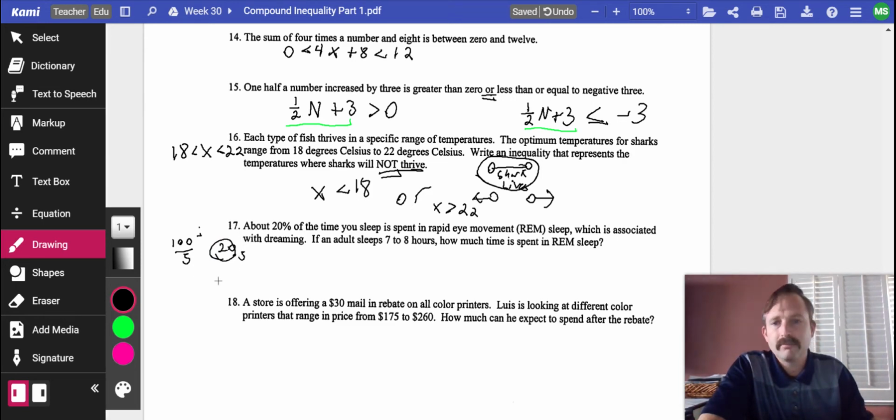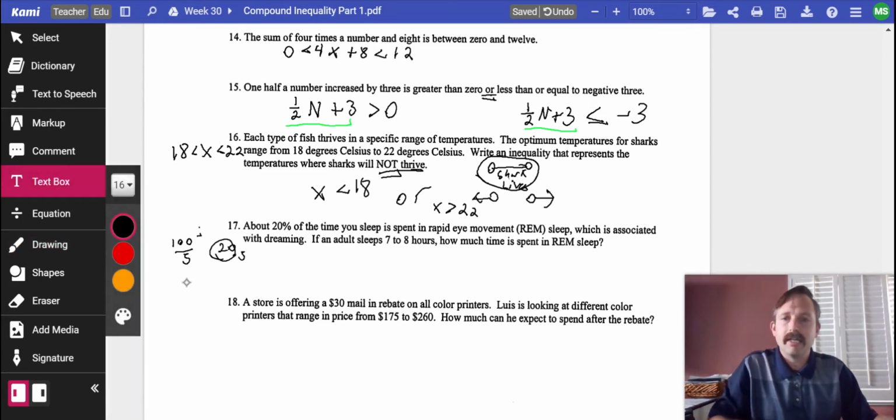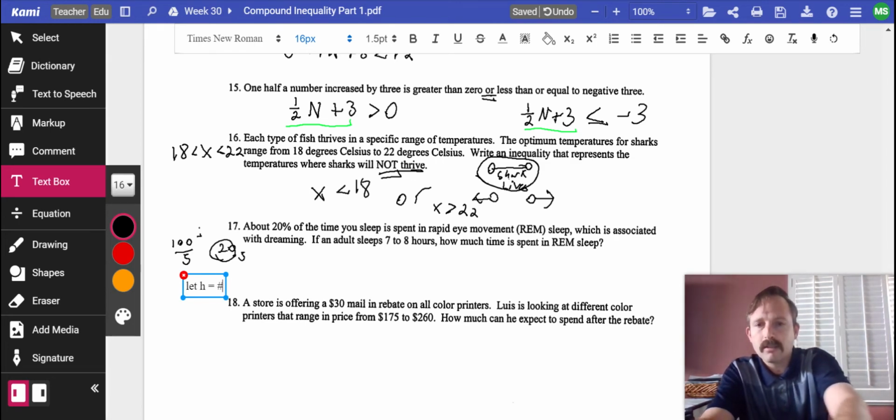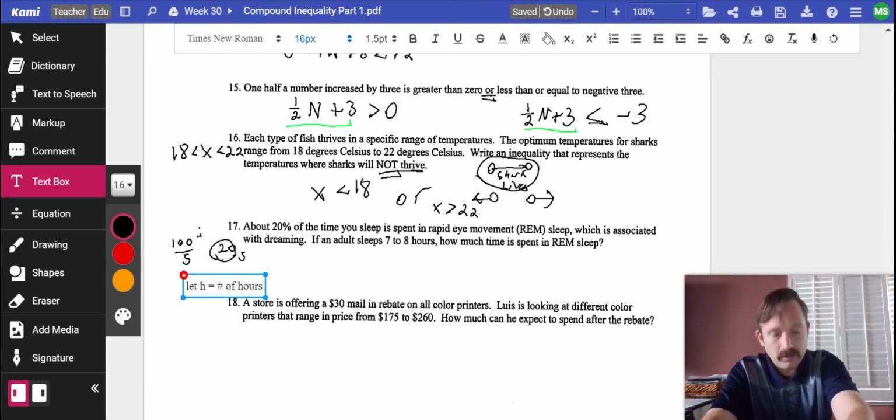How many 20%? Well, let's say we don't know that. Let's just say how much we understand. We could write down this. Let's write this down. We could say let H equal the number of REM hours in sleep.